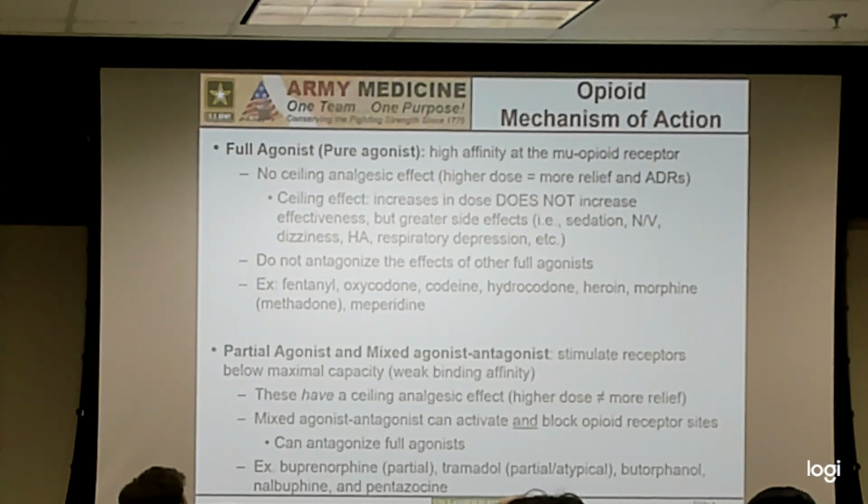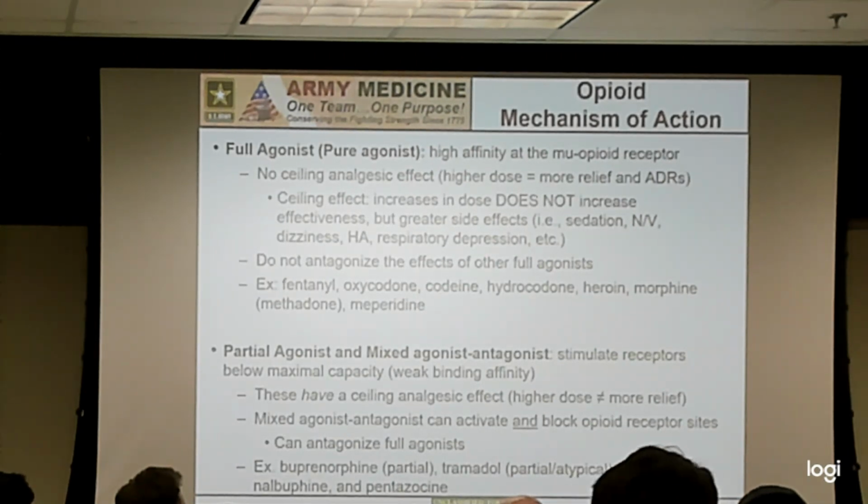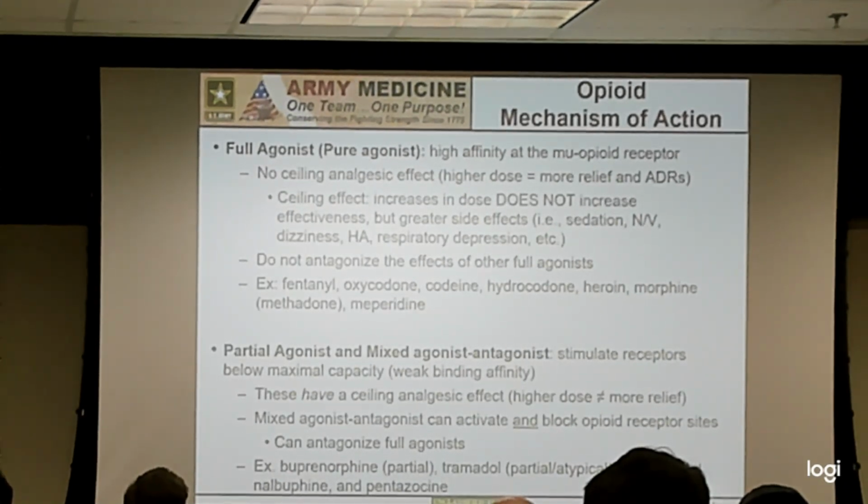I didn't go to sleep last night because I was like, I have to make this make sense. So just refer back to this slide, because every resource says it differently. Some of them will classify the same medication in a different way. They will say it's a partial agonist, and then on the next page or in another resource, it will say that it's mixed. Okay?